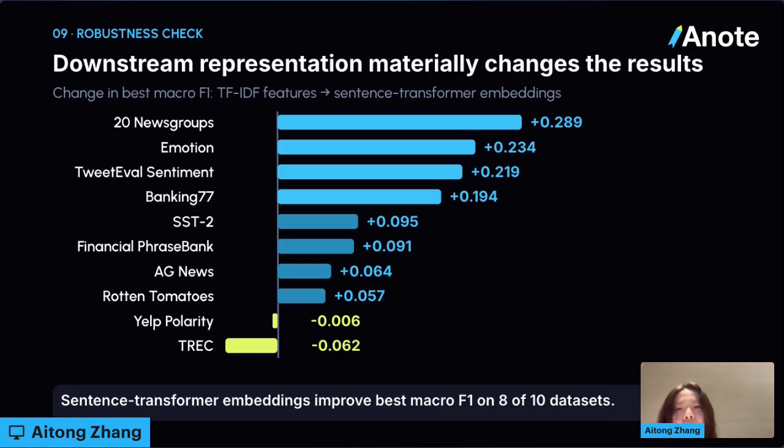As we can see, Yelp polarity changed very little and TREC performs worse. These robustness checks show that annotation strategy and downstream representation cannot be treated as completely separate decisions. An example selection method is useful only in relation to the model that will learn from the selected data.